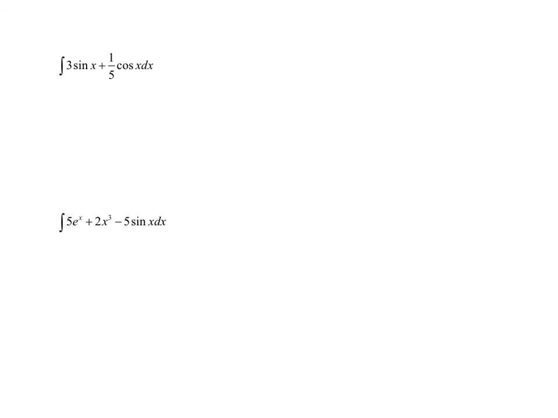Okay, we're going to use both those properties for this one. I'm going to do a lot of rewriting here. I'm going to rewrite that as 3 times the antiderivative of sine x plus, I'm going to pull out that 1/5, the antiderivative of cosine x, and we're going to find each one of those now.